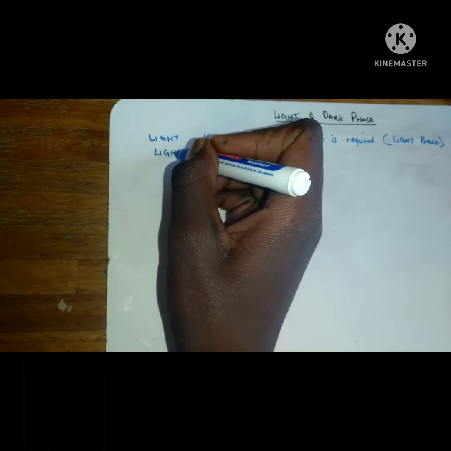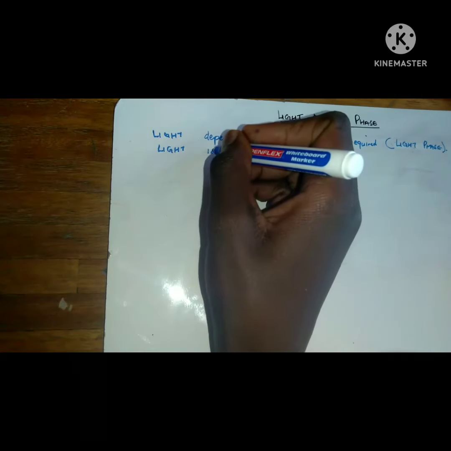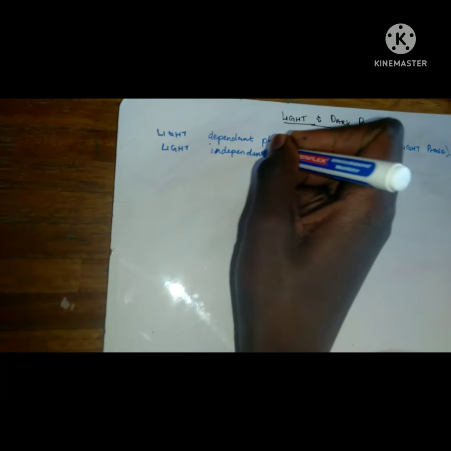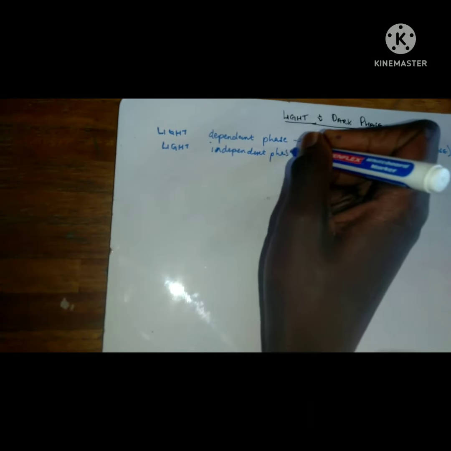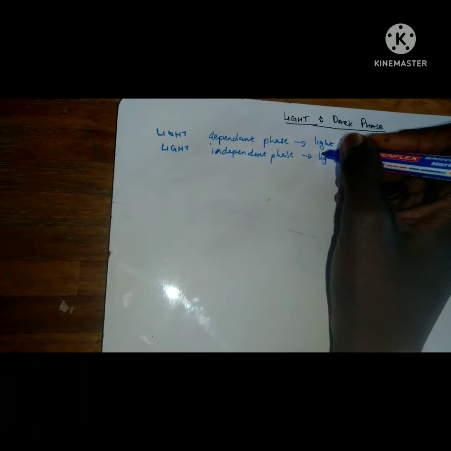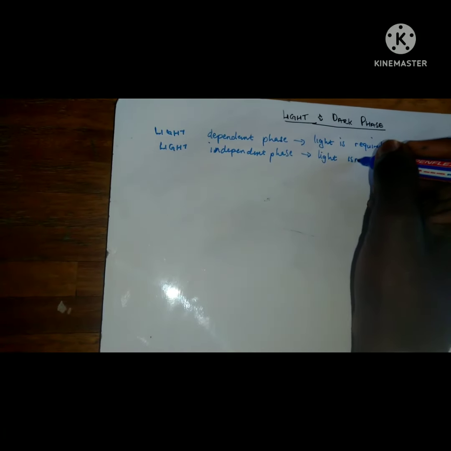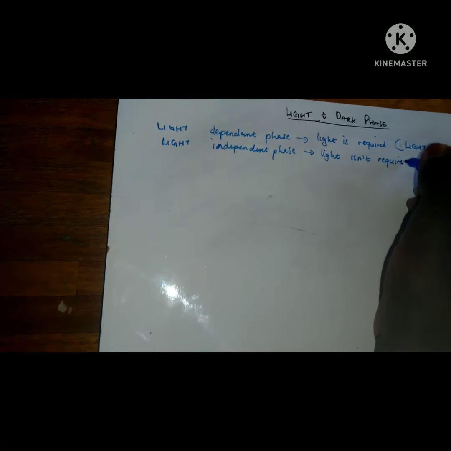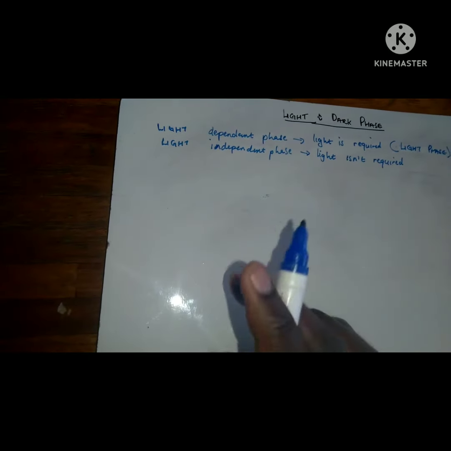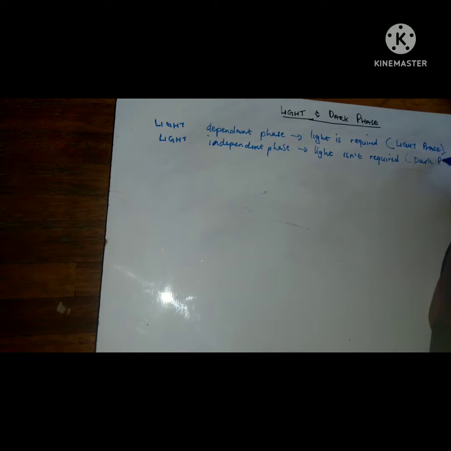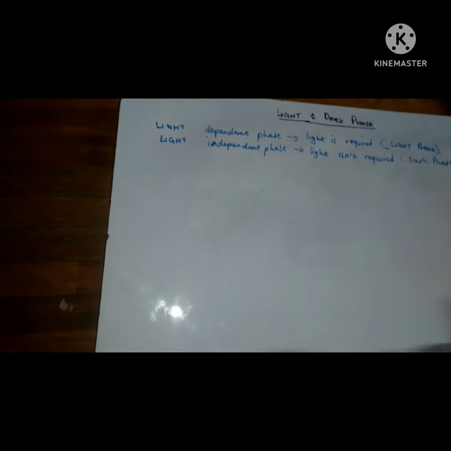So the light independent phase of photosynthesis is a phase whereby light is not required. So we otherwise call this the dark phase. So I'm sure you have more clarity there.